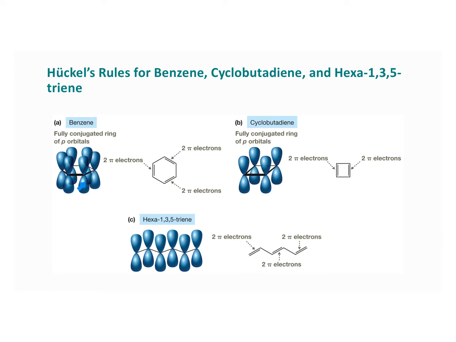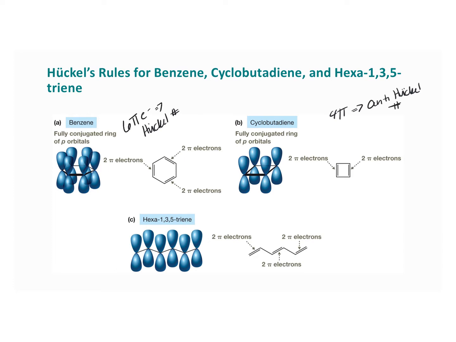Benzene's pi system consists of 6 pi electrons, 2 pi electrons for each of the 3 double bonds, and that's a Huckel number. Whereas cyclobutadiene's pi system contains 4 pi electrons, and that's an anti-Huckel number.